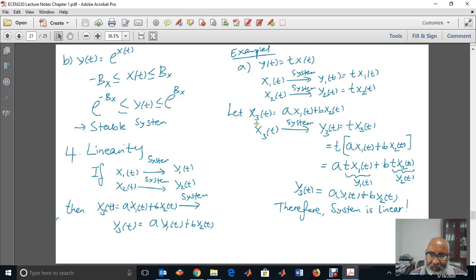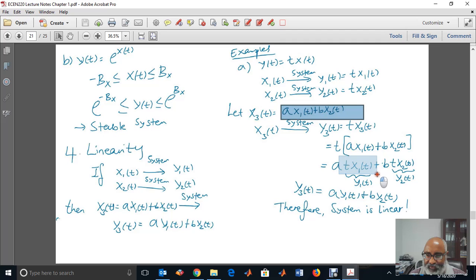Whenever we give x3 of t, from the original relation, the output y3 of t is t times x3 of t. But what is x3 of t? We substitute a x1 of t plus b x2 of t. So it will be t times a x1 of t plus b x2 of t in brackets. It means t multiplies both terms, so it will be a times t x1 of t plus b times t x2 of t.